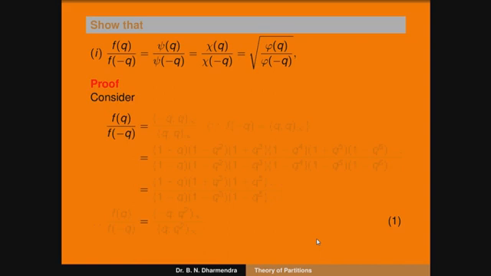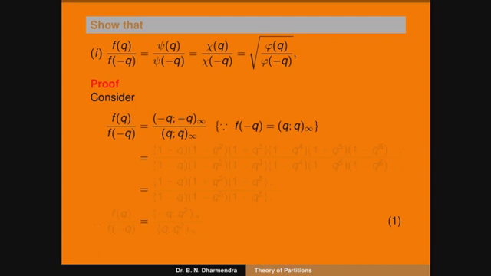When I replace q by minus q, f of q becomes minus q infinity. So it is minus q infinity divided by q infinity, because the statement of f of minus q is equal to q infinity; when I replace q by minus q, that becomes f of q, equal to minus q infinity.